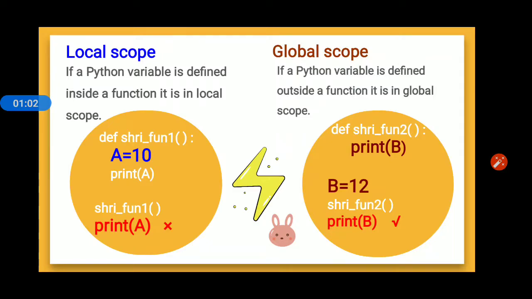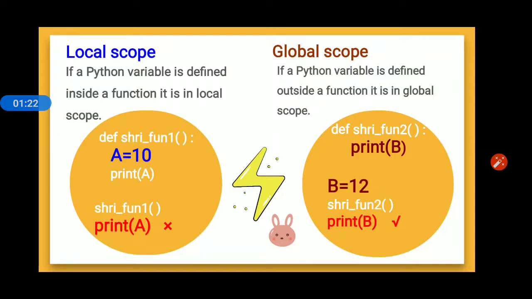In the first circle, you can see the variable a is defined inside the function Shri_fun1, and its value is 10.